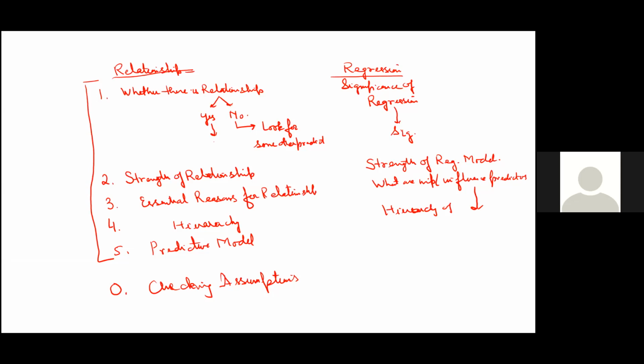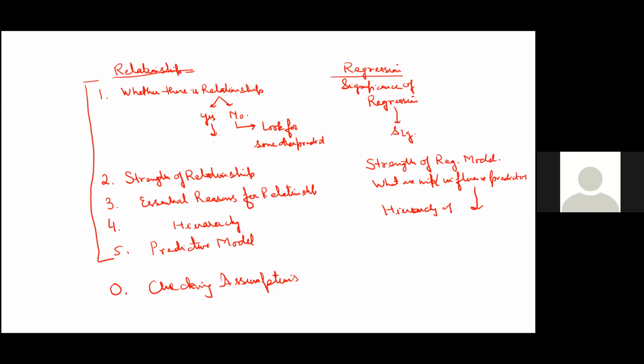Chemistry. Suppose the dependent variable is the amount of precipitation and the independent variable is the strength of the acid used. So strength of the acid is the independent variable and amount of precipitation is the dependent variable.